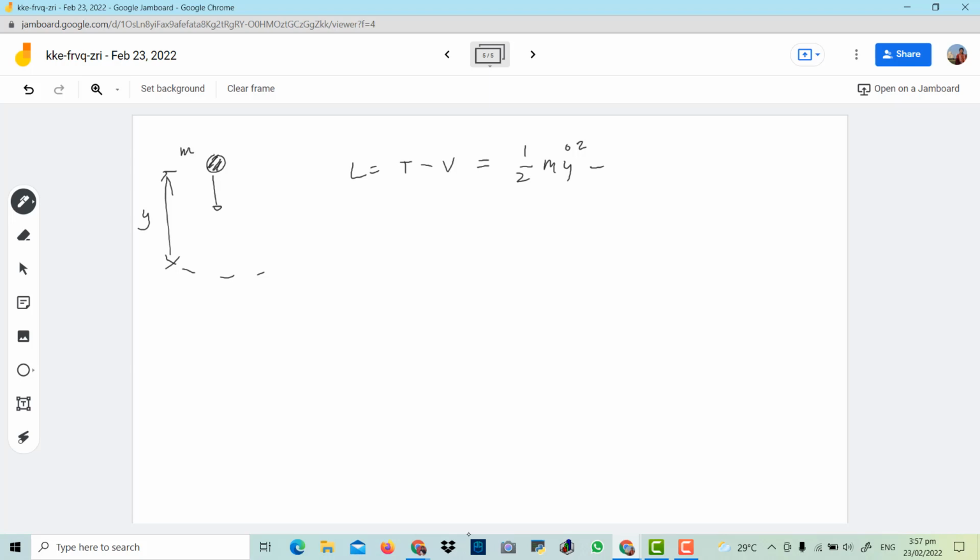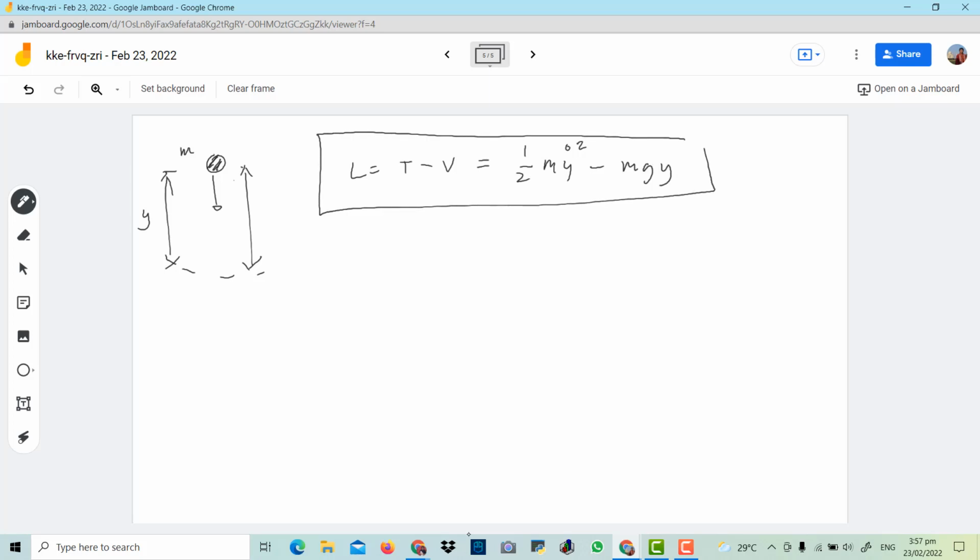Then subtract the potential energy of this mass, located y above the ground, which is mgy. So for free falling bodies, the Lagrangian is equal to 1/2 m y dot squared minus mgy.